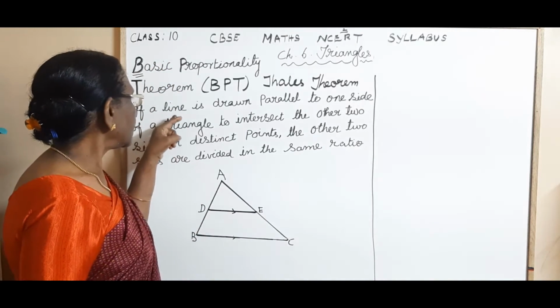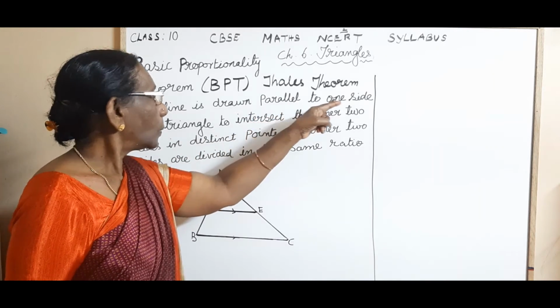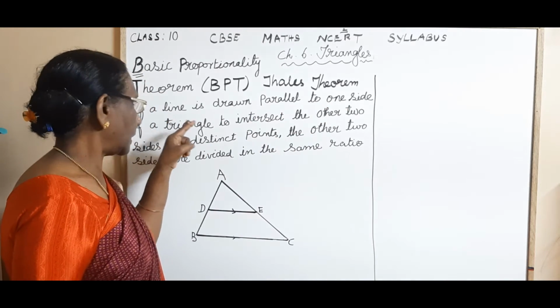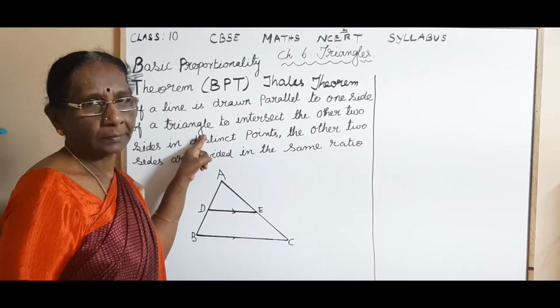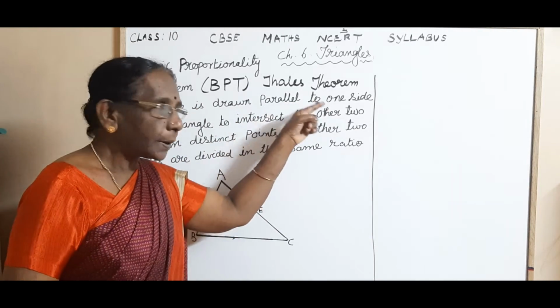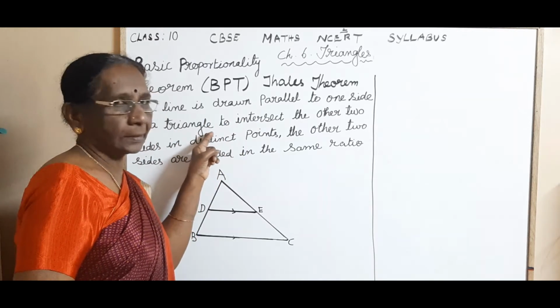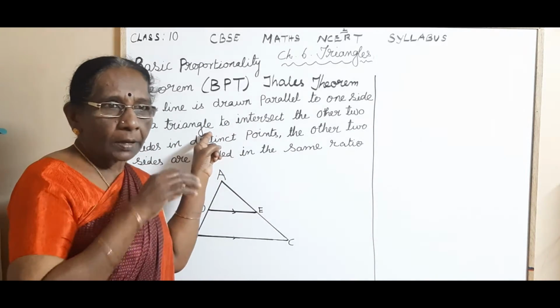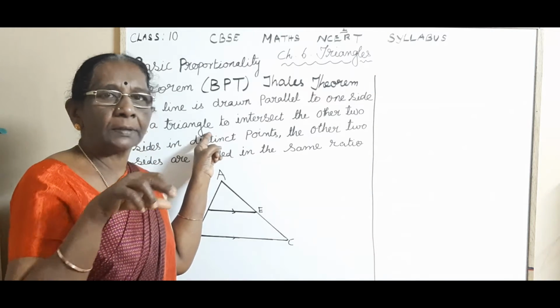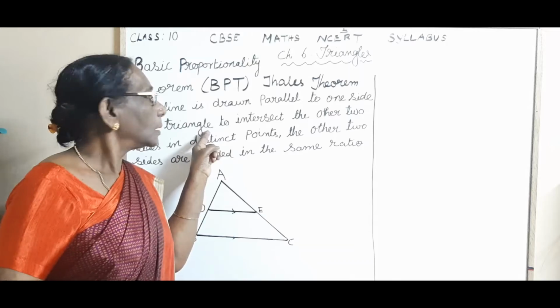If a line is drawn parallel to one side of a triangle, what is given? If a line is drawn parallel to one side of a triangle. So when you draw a line parallel to one side of a triangle, what does the line do?